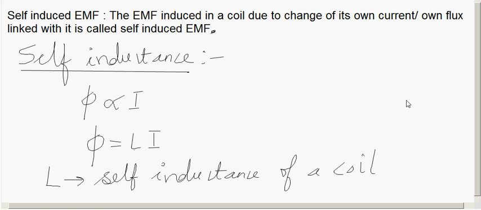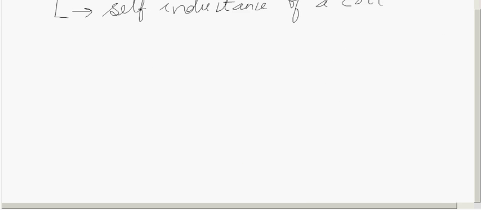Now let us define the self-inductance. Self-inductance can be defined in different ways. This self-inductance is also known as coefficient of self-induction. Next we will write the definition.